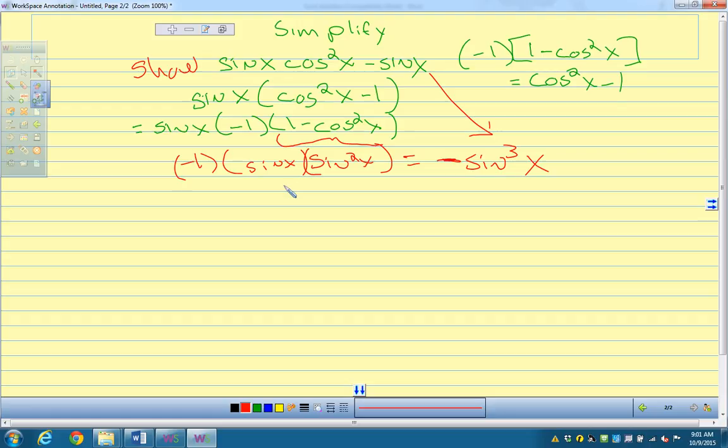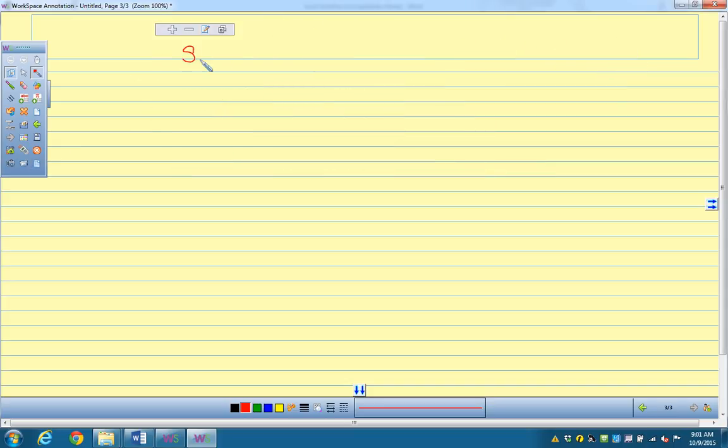So that's one type of thing you'll see. What else might you see? Then you might see something like this that says simplify secant.